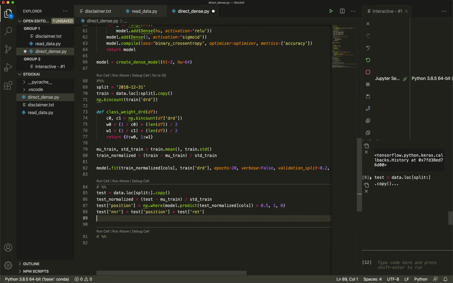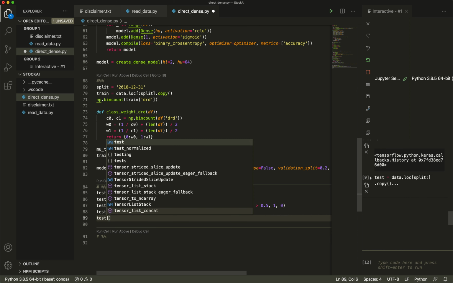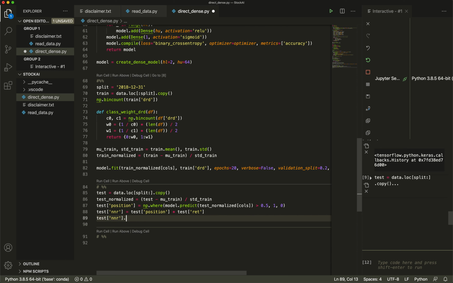And if we want to make a plot of it, all we have to do is take ANR, first do a cumsum, then apply the np.exp function to it, and then make a plot.